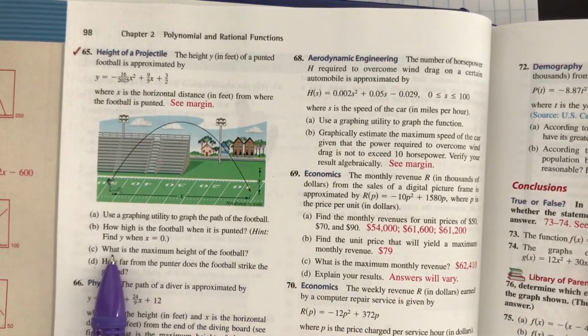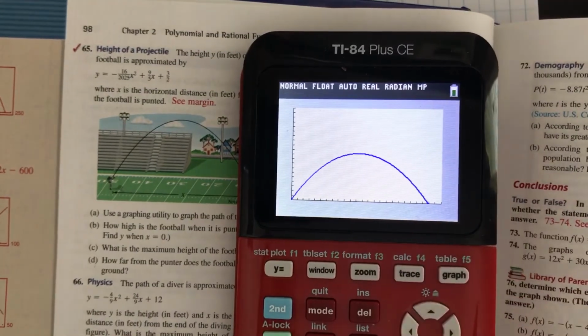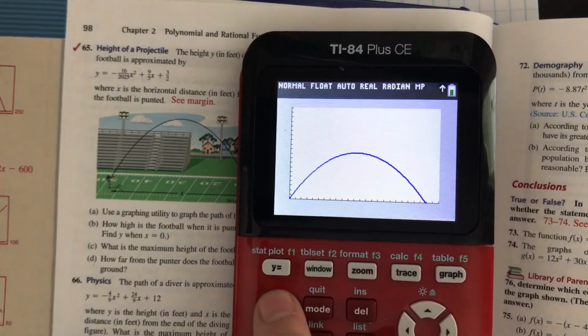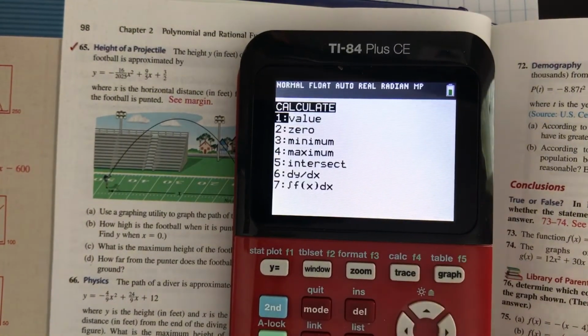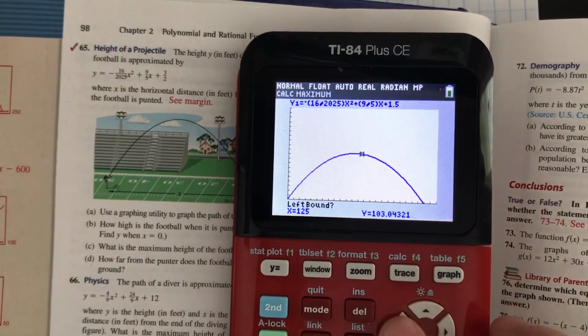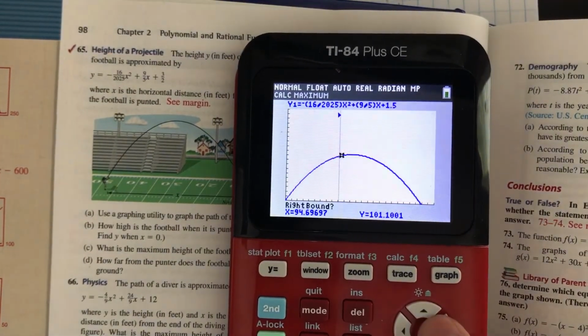That's part B. Part C, what is the maximum height of the football? Well, look at the graph. Let's do second trace, 4 for that max. So left bound, see there.